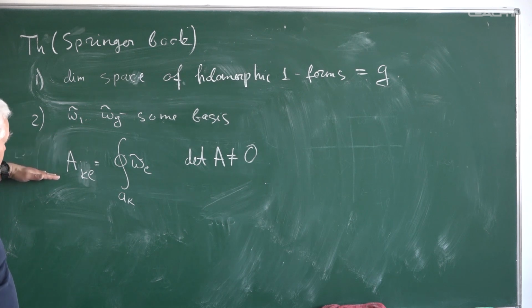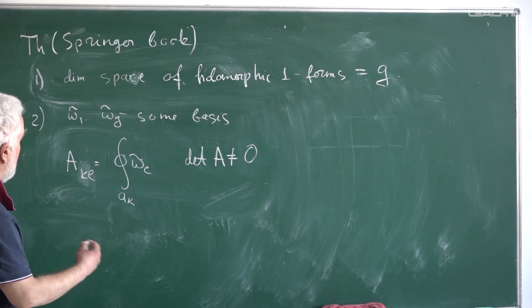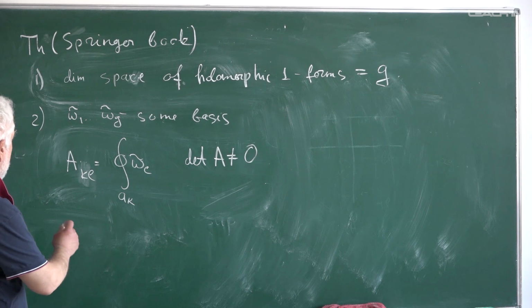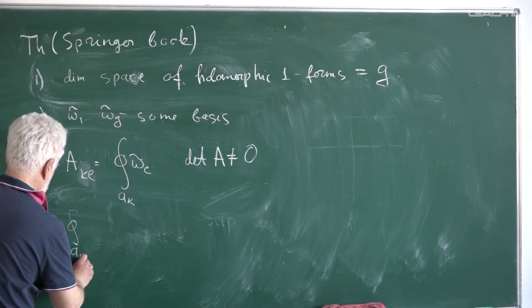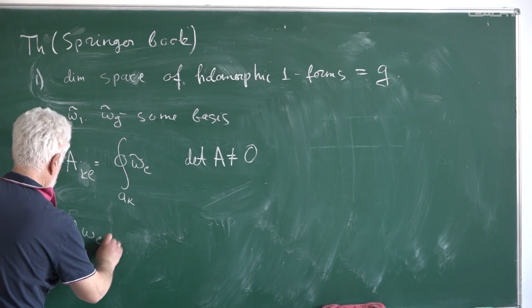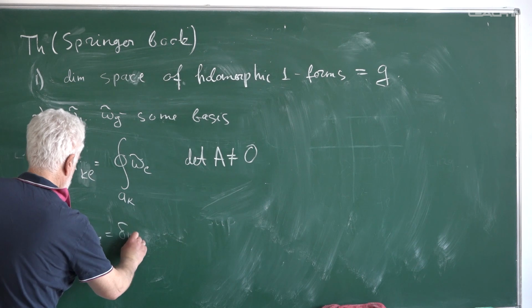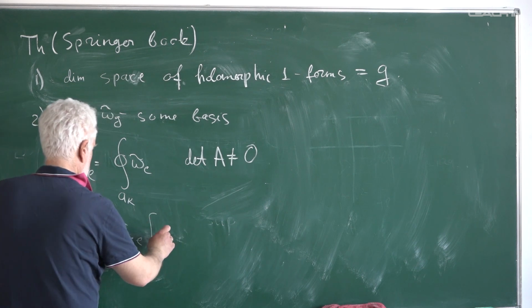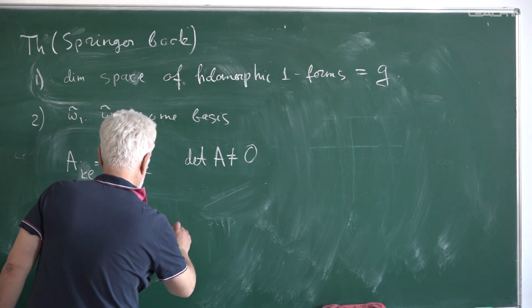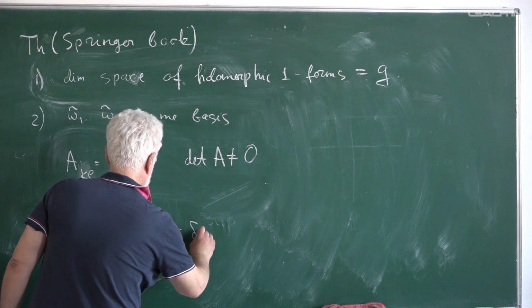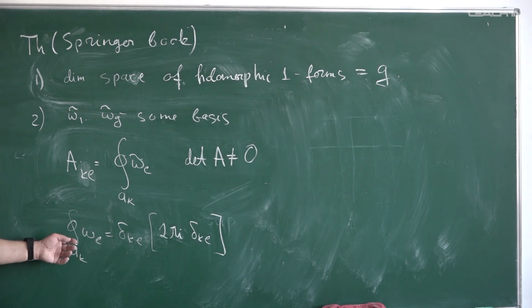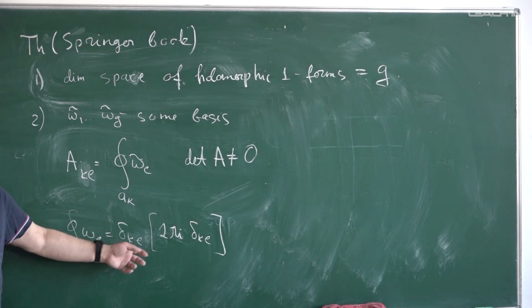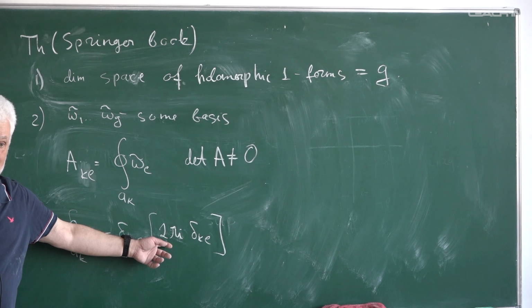So the second statement: you can choose a canonical basis. In some textbooks, they use this normalization, in others they use that normalization.